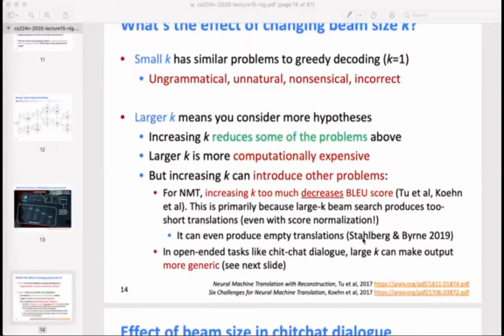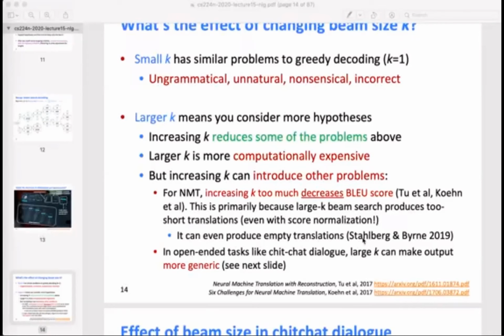They would have a higher probability, but they wouldn't necessarily make sense. So that's the problem with neural machine translation. That's why they have a lower BLEU score. It doesn't include the keywords that need to be included, and sometimes when you increase the k, it can even produce empty translations.